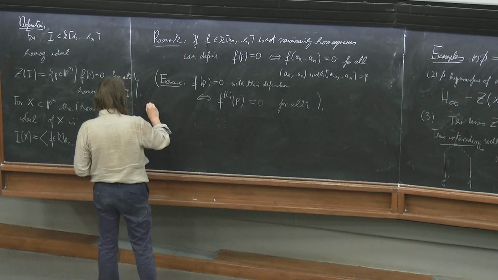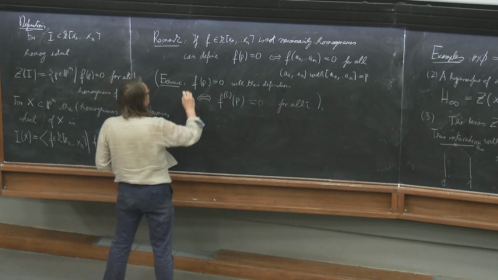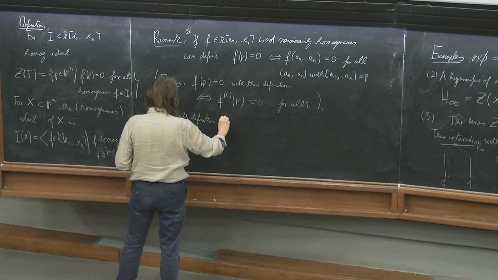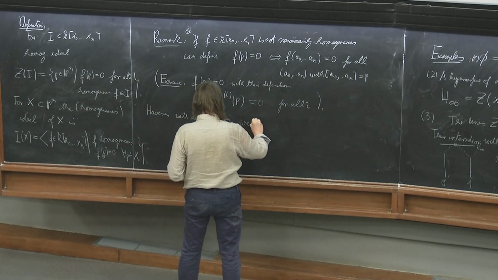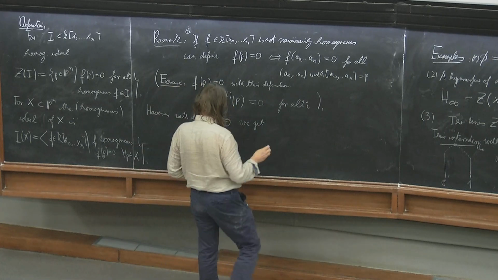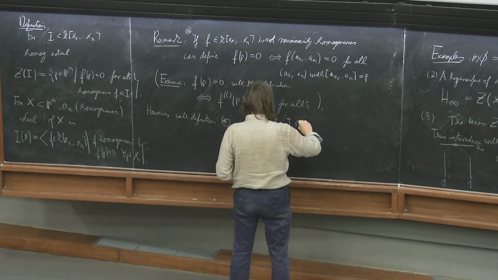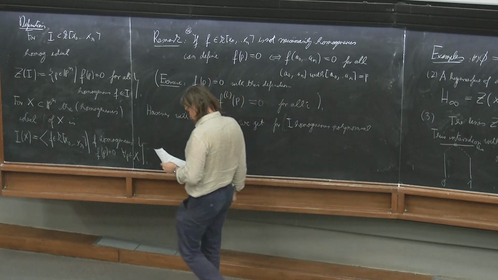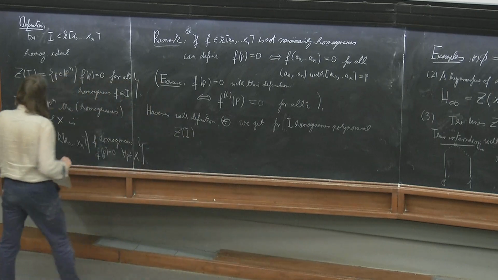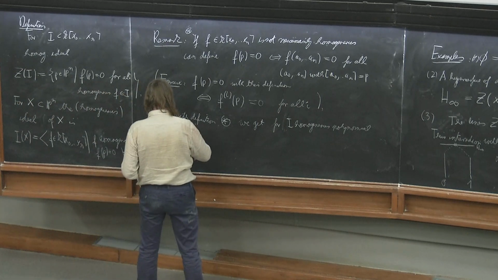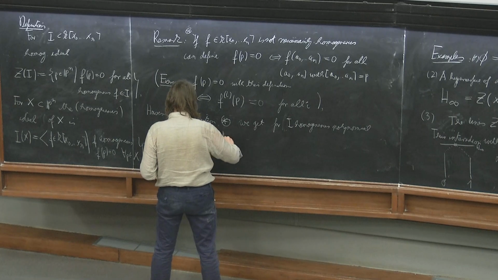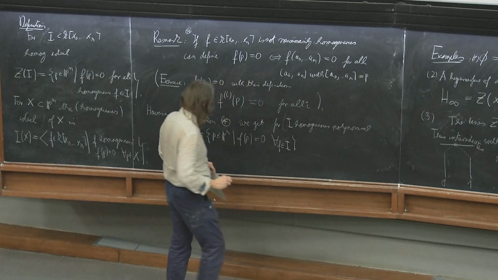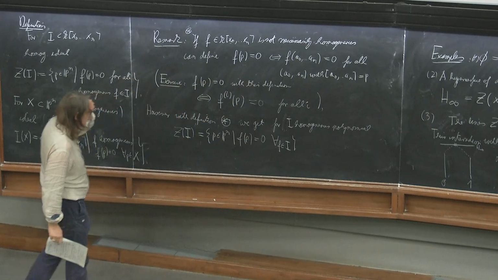On the other hand, if we make this definition star, we do get that if we have a homogeneous polynomial, the zero set of I that I have defined here can also be described as the set of all p in Pn such that f of p is equal to 0 for all f in I. So for homogeneous polynomials, if you choose this slightly crazy definition, we get this.